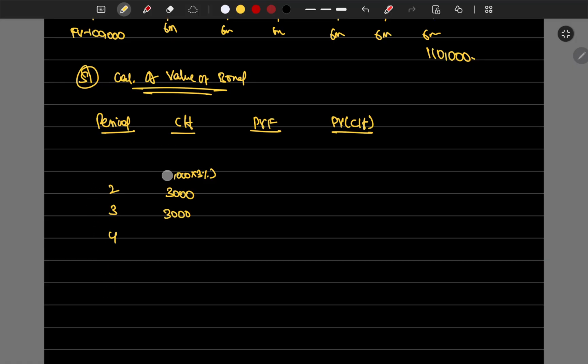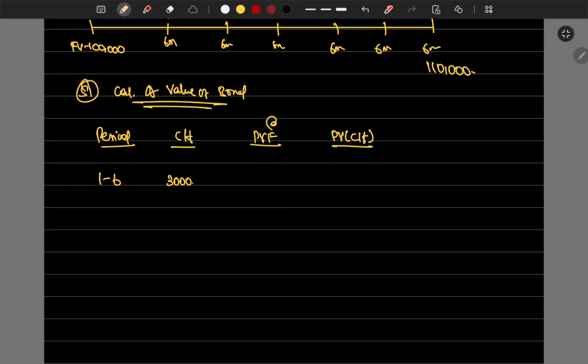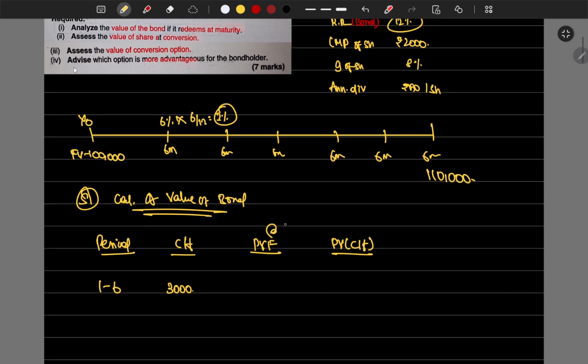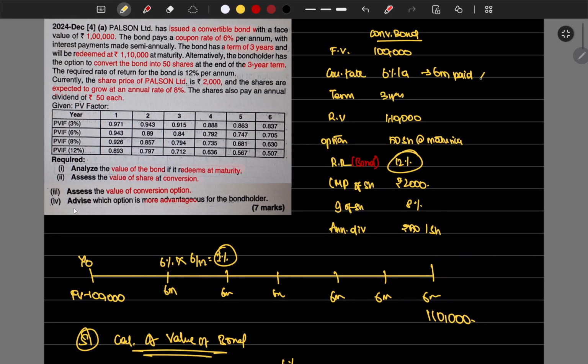Instead of putting it like this, we can consolidate and use the PVAF, the annuity factor for 6 periods. 3,000 is the interest, and the PV factor is at 6%, since we are calculating semi-annually. For the coupon rate and the required rate, we have to halve them, 6 by 12, for the semi-annual bond.